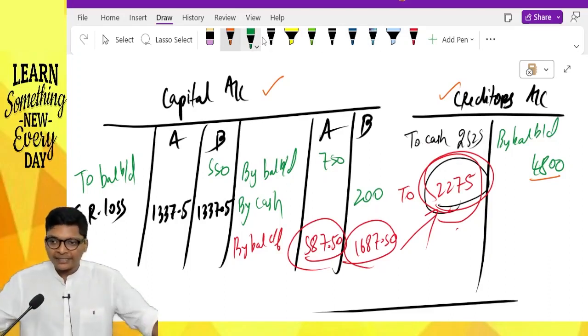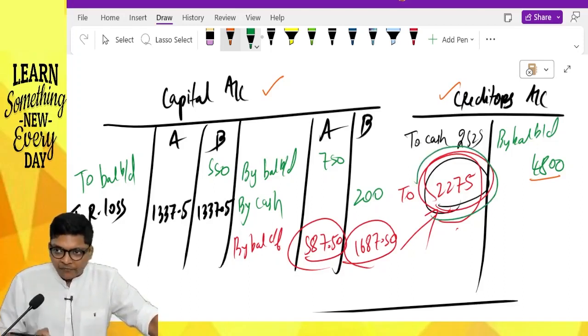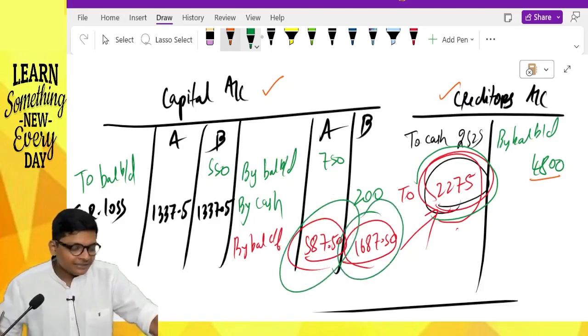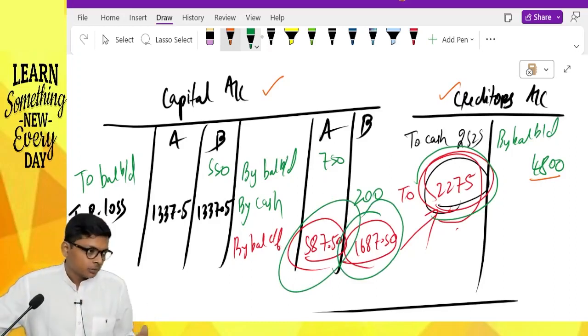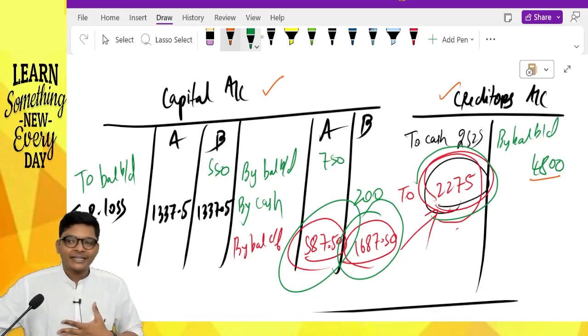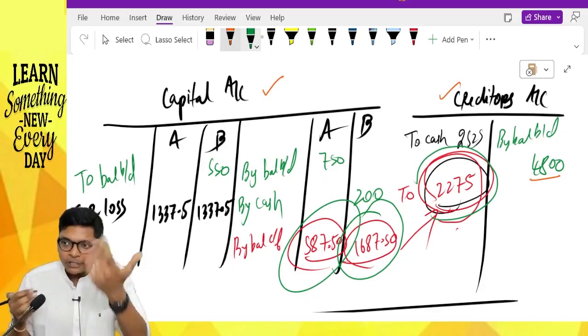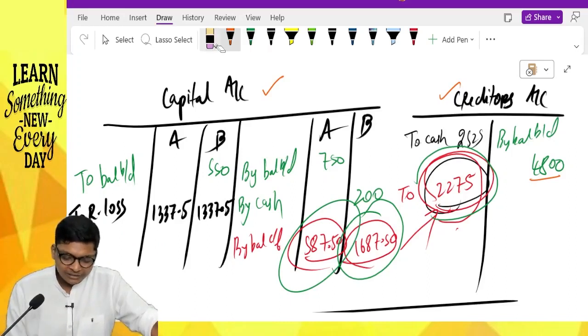There is a deficit of 2275 which should be brought in by A from his personal assets to the extent of 587.5 and B to the extent of 1687.5. But are they bringing it in? No. Are you understanding, guys? A is saying I have to give 587.5. Sorry, 50 paisa also I don't have. Able to follow, guys? Now how to close the ledger?